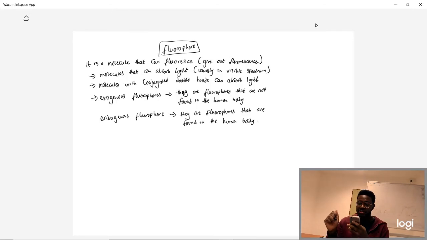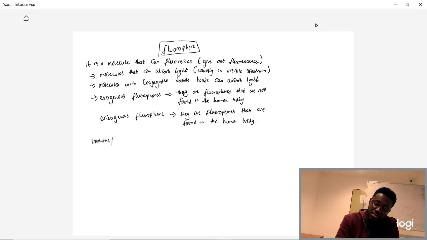Okay, common fluorophores are done. Let's talk about some applications of fluorophores. What are some applications? The most important one is immunofluorescence; then ion sensitive dyes, membrane potential. All of them are important, but let's talk about immunofluorescence. What is immunofluorescence?